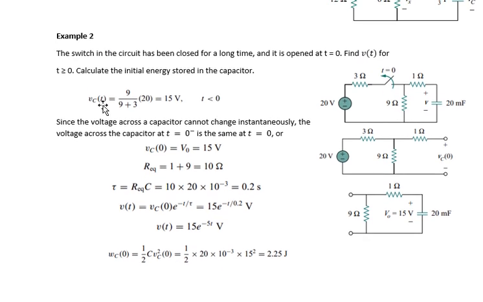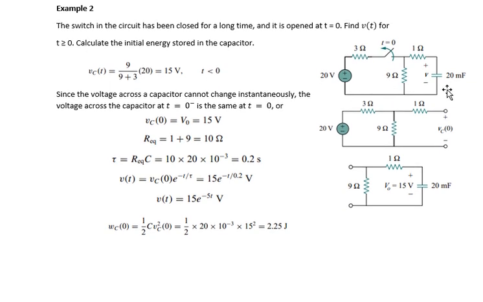In order to find the energy stored in the capacitor at time t that is greater than 0, we must find the value of the voltage across the capacitor, since it is the one that will supply this.